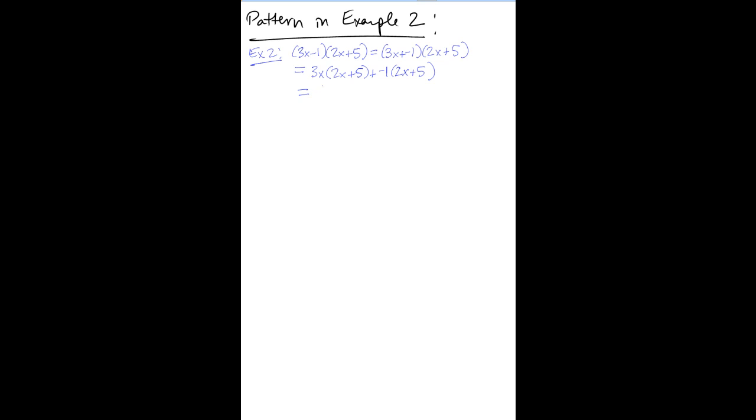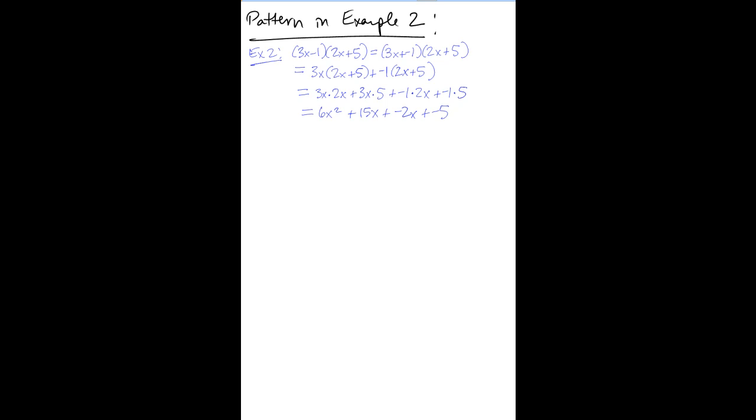And then we multiplied each piece, 3x times 2x plus 3x times 5 plus negative 1 times 2x plus negative 1 times 5. And we multiplied all of these individual pieces together. We got 6x squared plus 15x plus negative 2x plus negative 5. And then all of this looks like example 1 until we hit this point.